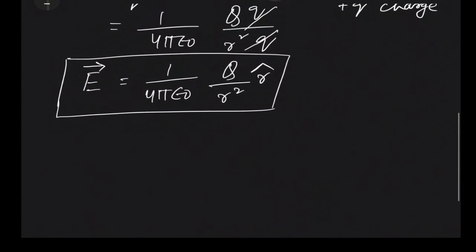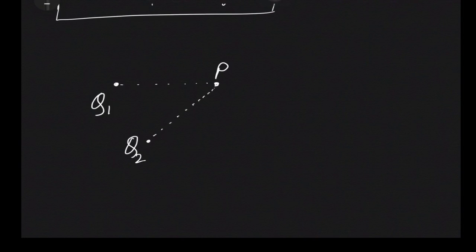Now another important point. Suppose again this is my source charge Q, and at some distance at point P I want to calculate my electric field. Now in this problem there is a slight change. There are not one but two charges, Q1 and Q2. So the electric field at P is going to be the summation of the electric field at P due to Q1 and due to Q2.